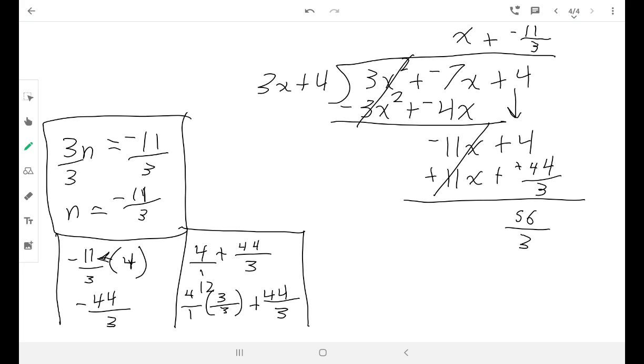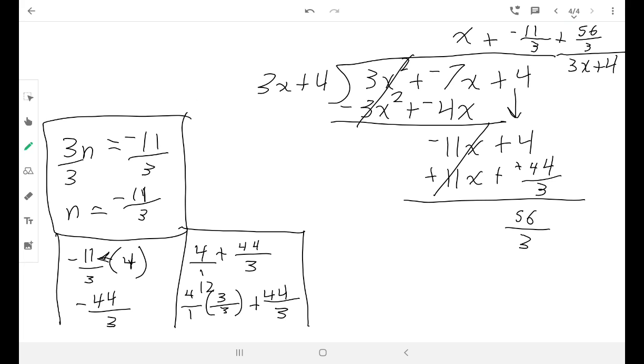56, a quick check, is not divisible by 3, so I'll just leave it that way. The way you check that is you do 5 plus 6, and if it doesn't add up to something divisible by 3, then it in itself is not divisible by 3. You might remember that little trick. And that gives me a remainder of 56 over 3, or plus 56 over 3 over 3x plus 4.